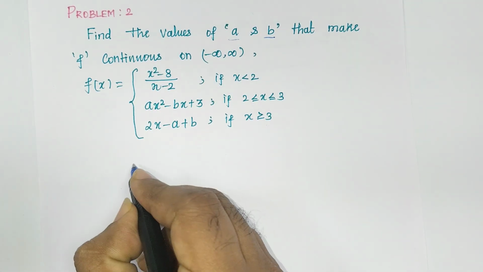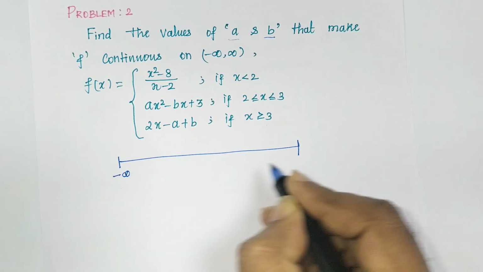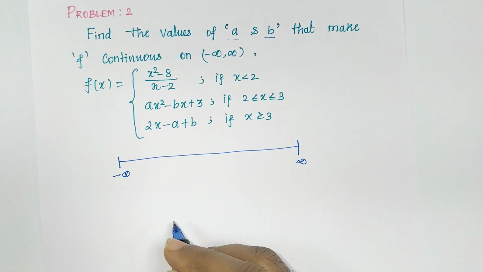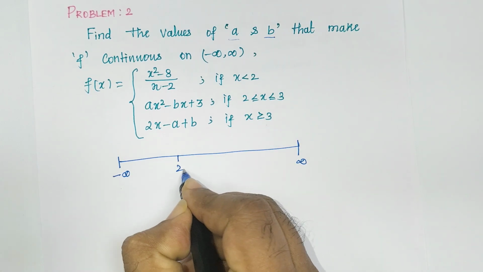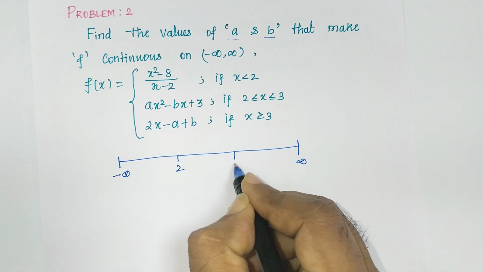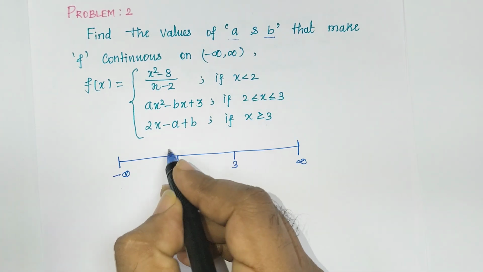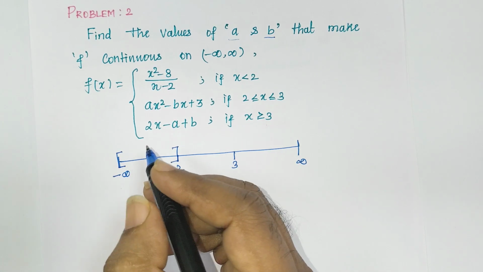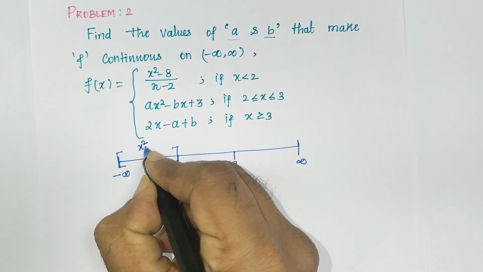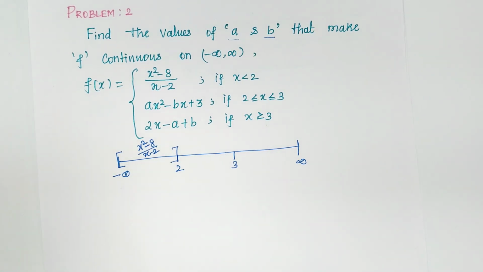Okay, so I'll write a real line, minus infinity to plus infinity. Here our points start with 2. This is 2 and this is 3. For example, we can take here x less than 2, that means here up to 2, from minus infinity. So the function is x square minus 8 divided by x minus 2.